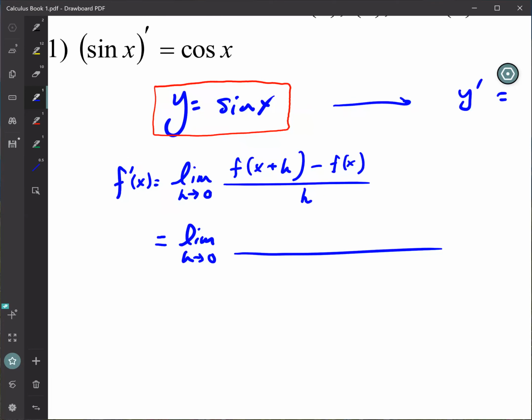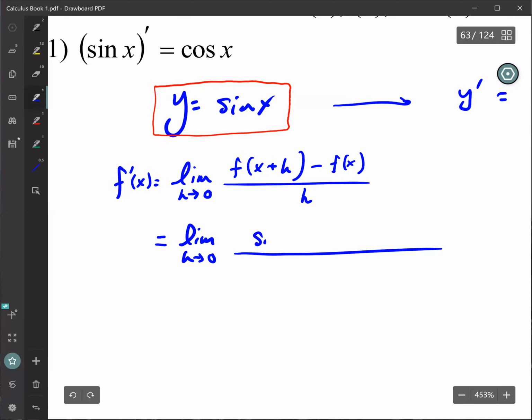The top says f of x plus h, so it's asking you to input something into the function. What do we input? Sine of x plus h. Yes, we put x plus h into sine.